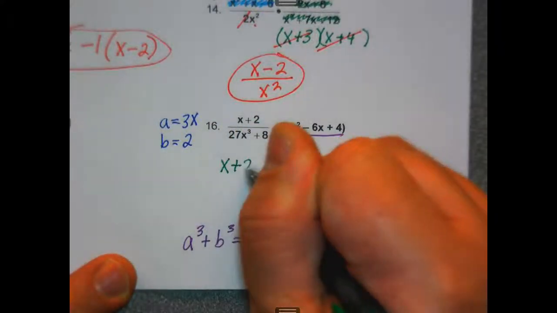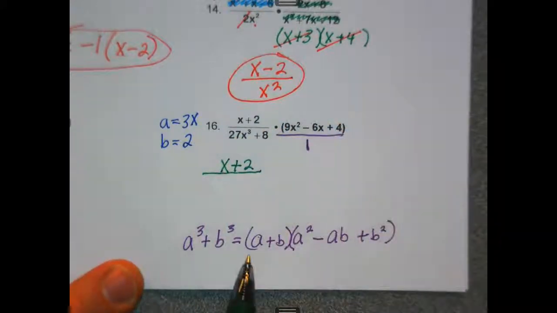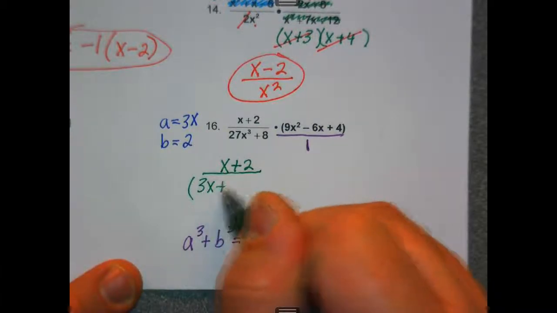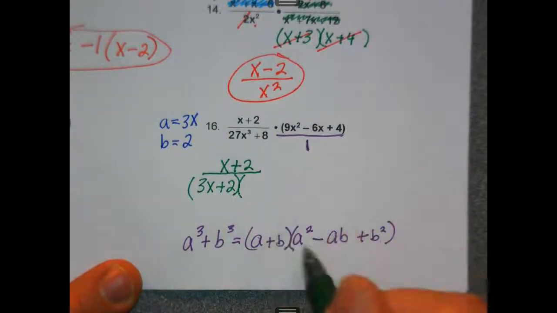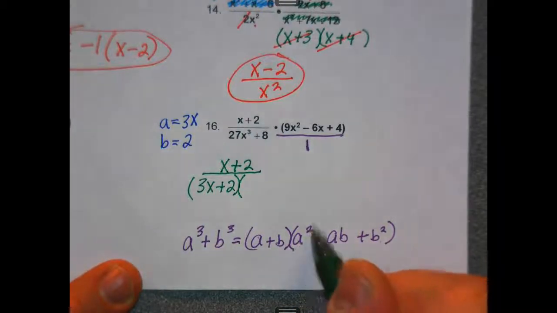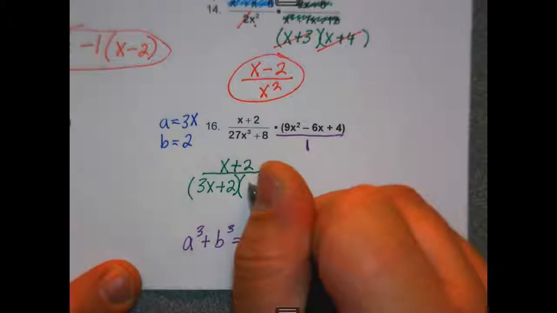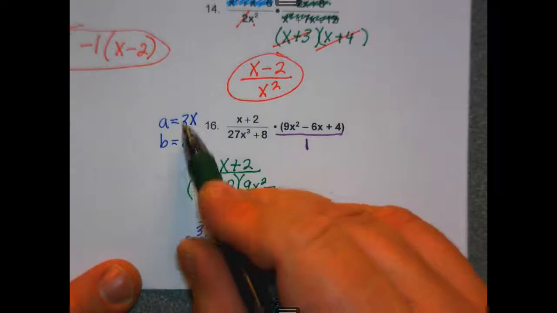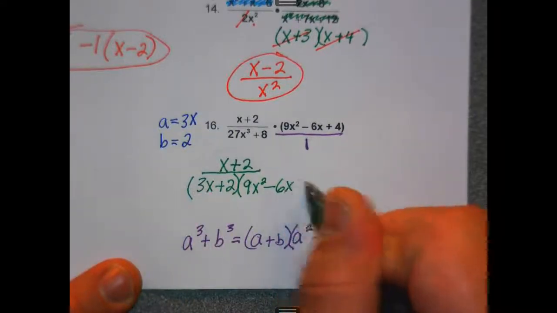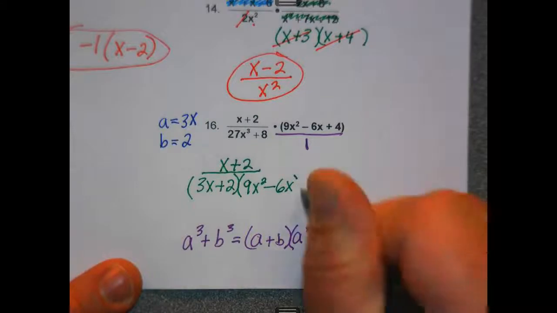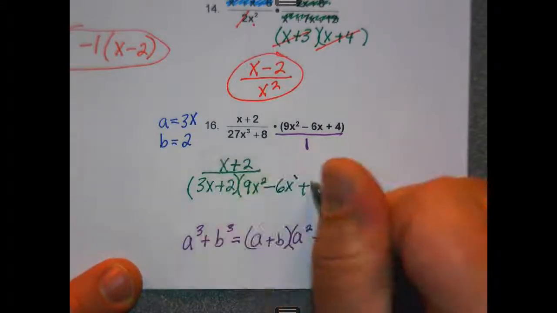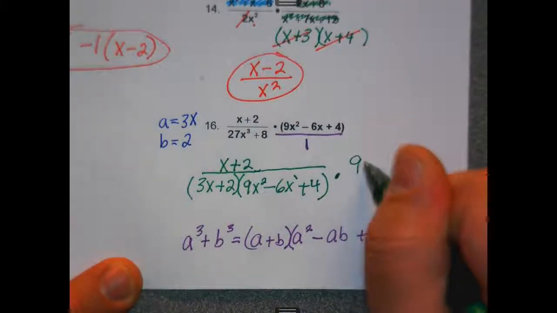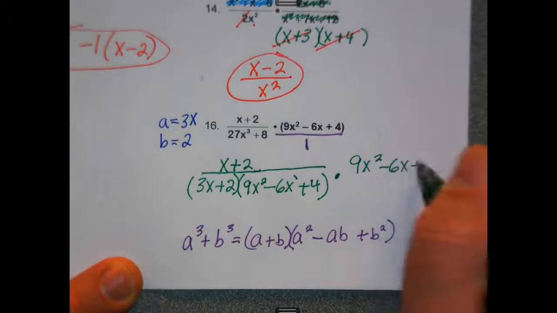So I have x plus 2 over a plus b, a plus b times a squared, 3x squared, 9x squared, minus a times b is 6x, plus b squared is 4, times 9x squared minus 6x plus 4 over 1.